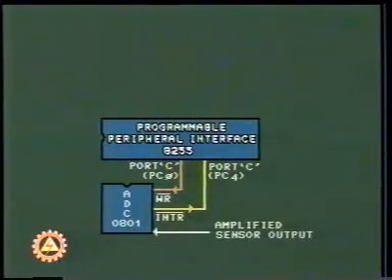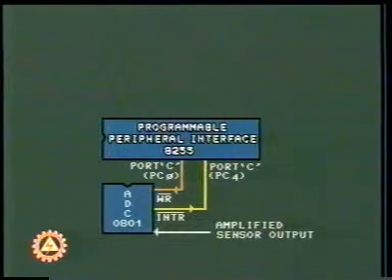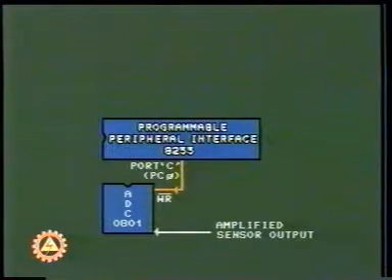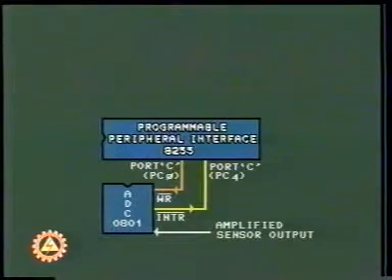The PC0 and PC4 lines of port C are used as output and input port respectively to control the analog to digital conversion operation. The PC0 line initiates the conversion, while PC4 line is used to analyze whether the conversion is over or it is under process.